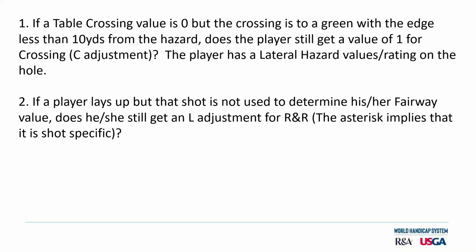So the answer is yes. In this instance, even though you get a 0 off the table, you still apply that +1 carry and that will give you a 1 for both players for a release. Yes, the 1 for both players. And then you would just go with your lateral values, whatever you get based on how the hole is played and the length of the hole, etc.